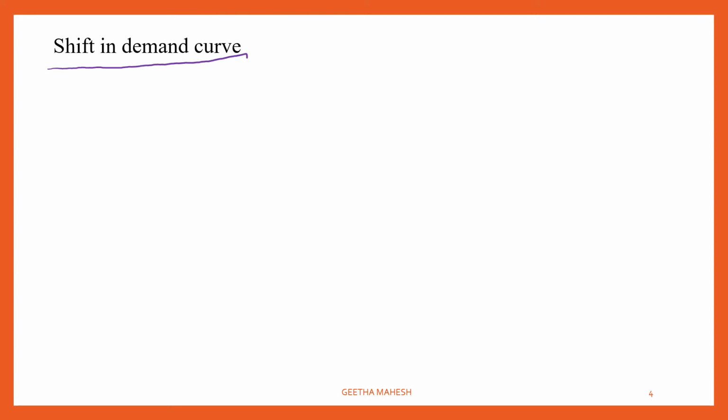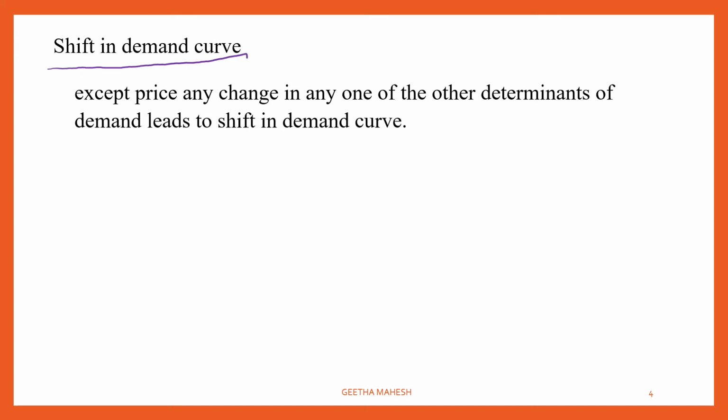If you keep price constant and any one of its determinants changes, then that leads to shift in demand. So except price, any change in one of the other determinants of demand leads to shift in the demand curve.